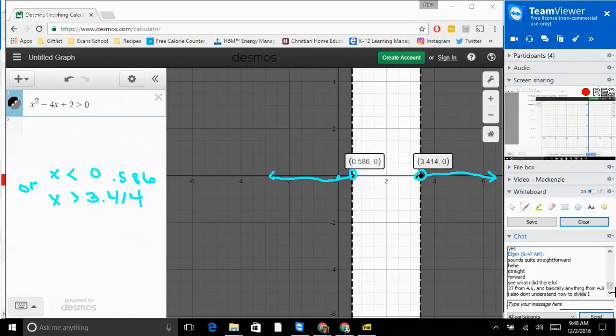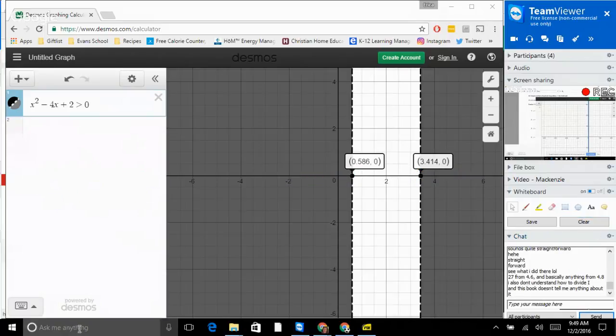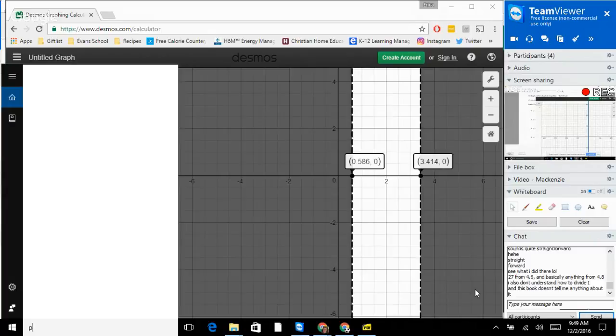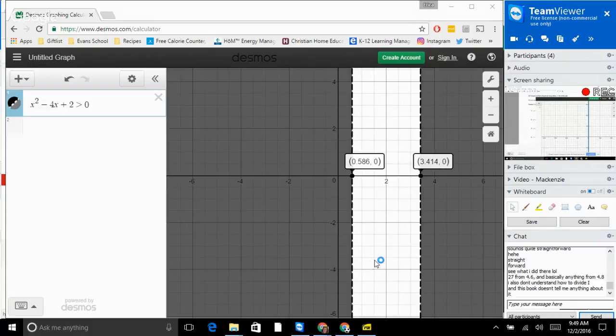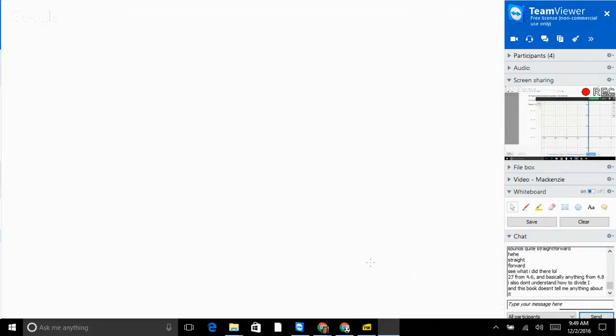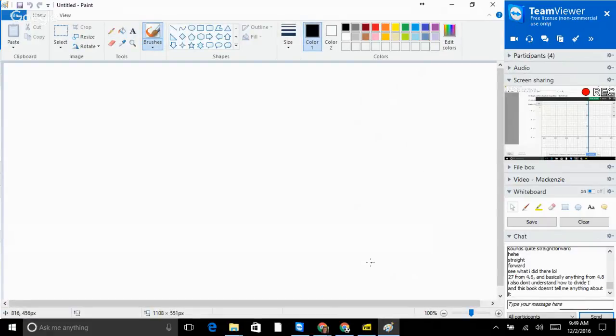Okay. And understand how to divide it. Okay, well, let's do 27. Let me clear all this off. Bust out paint here. So 27, Elijah, is 8 minus 3i in parentheses times 8 plus 3i in parentheses.